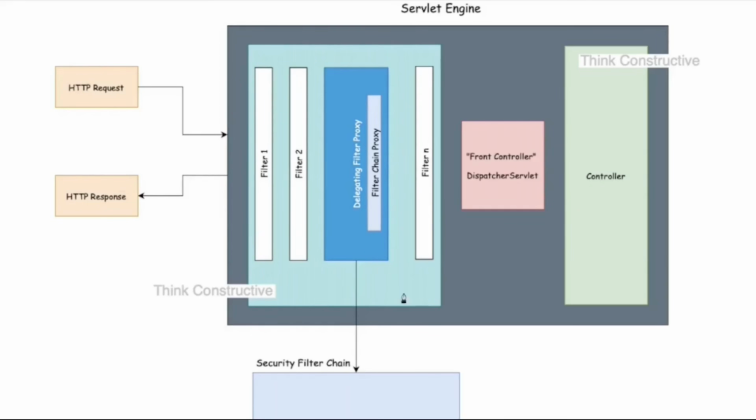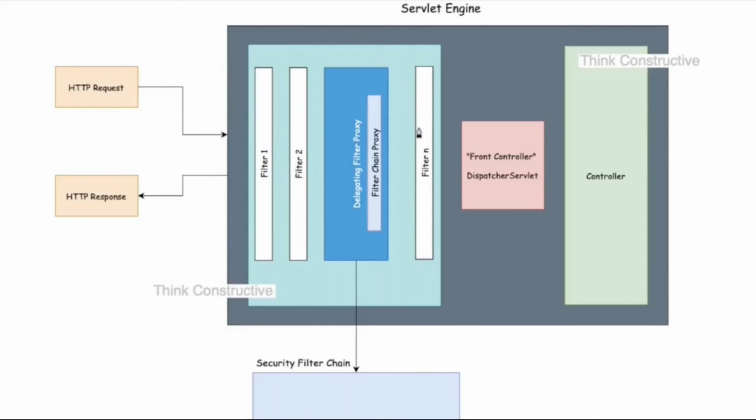Now, there is something else which is called the filter chain. So this blue box you can see, this is the filter chain, and there are n number of filters available here. What will these filters do? These filters will do the job of pre-processing and post-processing.